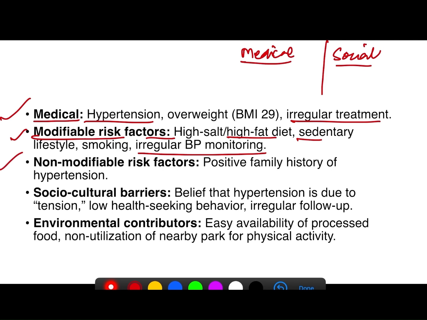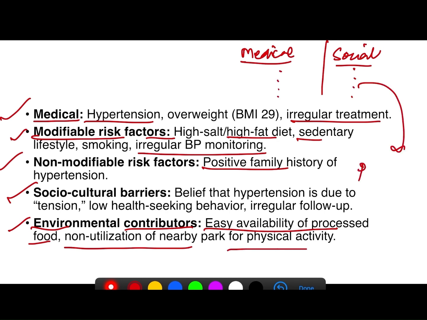The non-modifiable factor is the positive family history. And the socio-cultural barriers include low health seeking behavior and environmental factors which have implications on the compliance of treatment: availability of processed food, and non-utilization of the nearby park for physical activity.